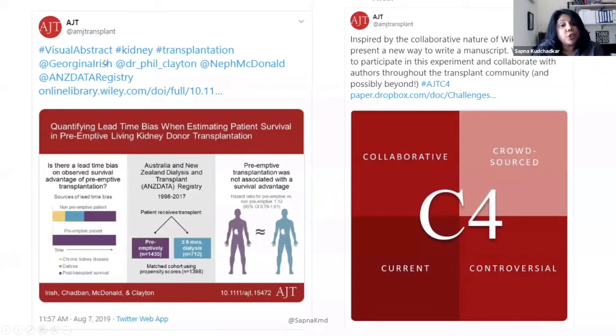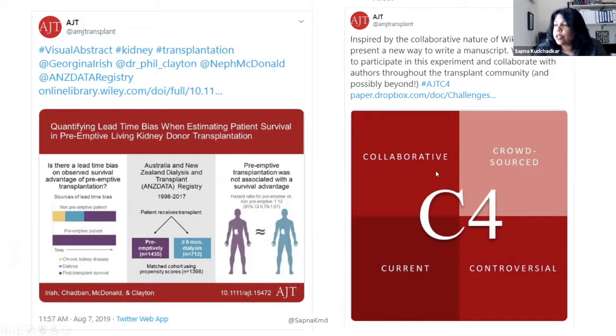Here, hashtag visual abstract. We're going to talk about that in a second. This paper had a very nice infographic associated with it, included the handles of people who were associated with the article, and also included a link. You can tell that this is a tweet that's going to get some attention because it's easy to read, it draws the reader's interest, and the images are very inviting.